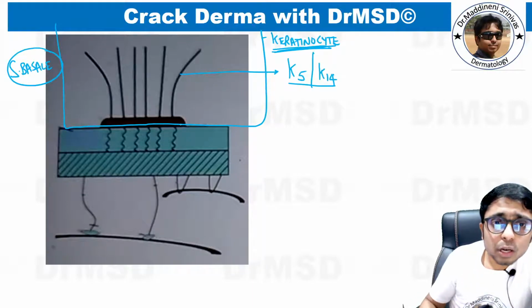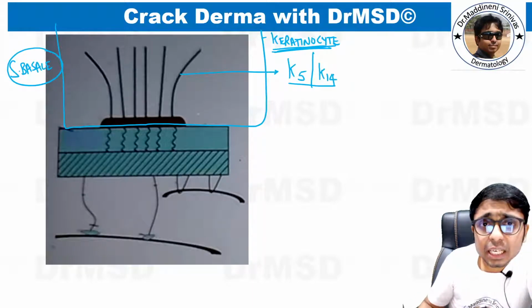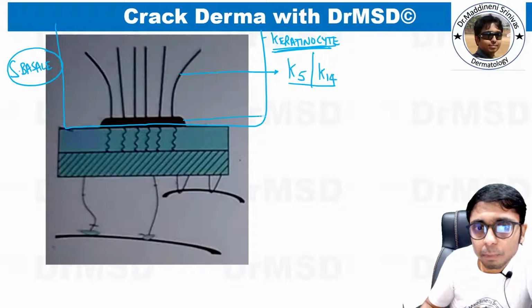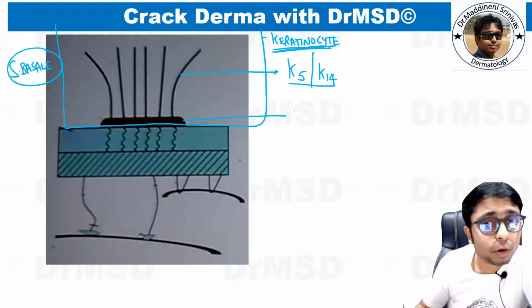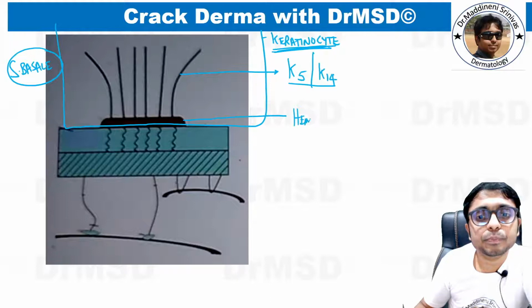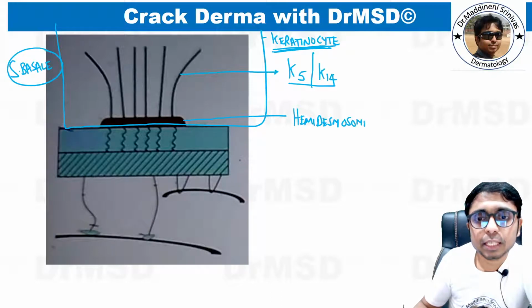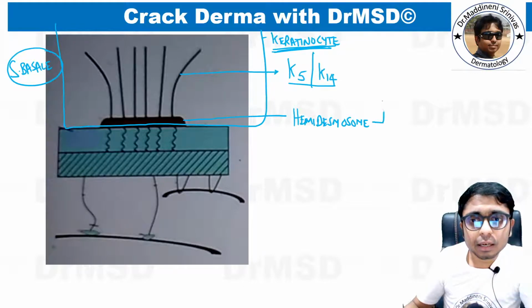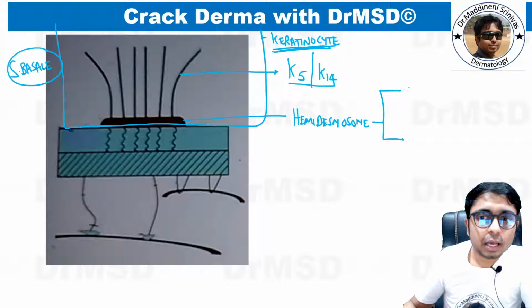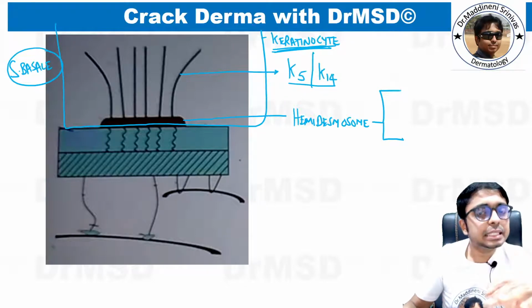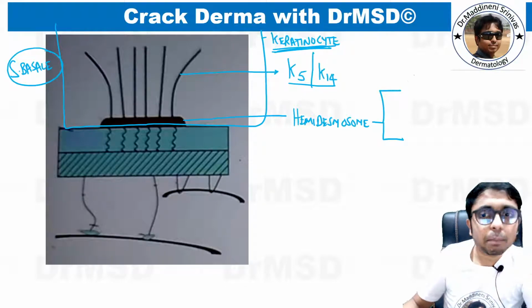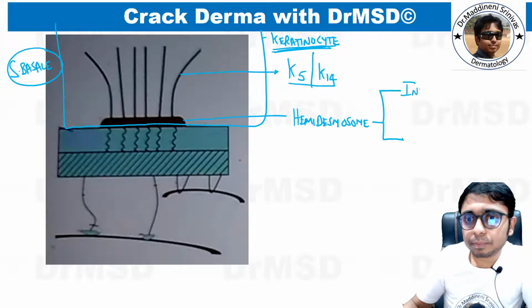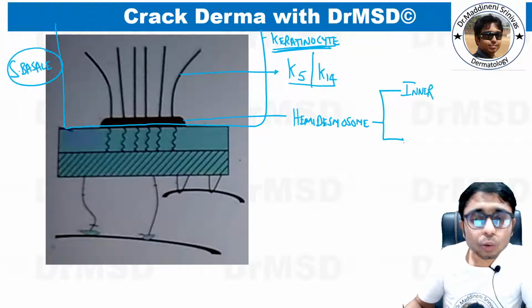Also you are able to see this black colored block. This is very, very important. This is the hemidesmosome. You must remember that the hemidesmosome again has two parts. The cell has an inner block, and outside the cell we have an outer block.